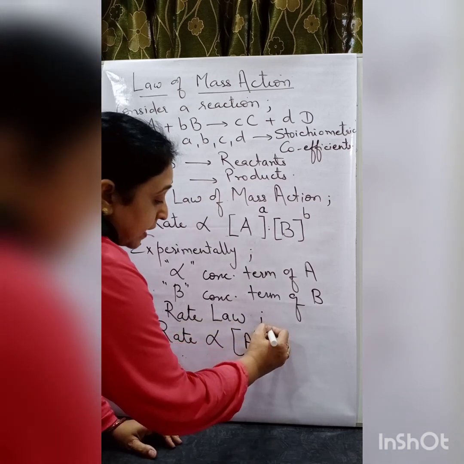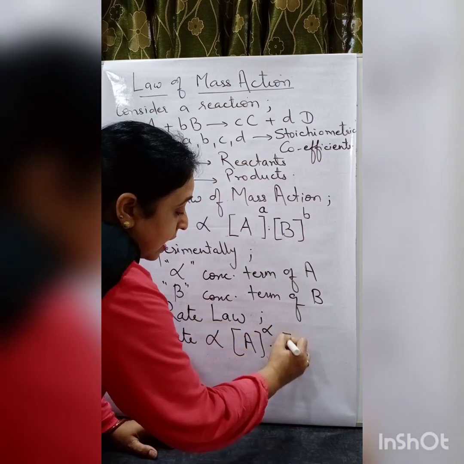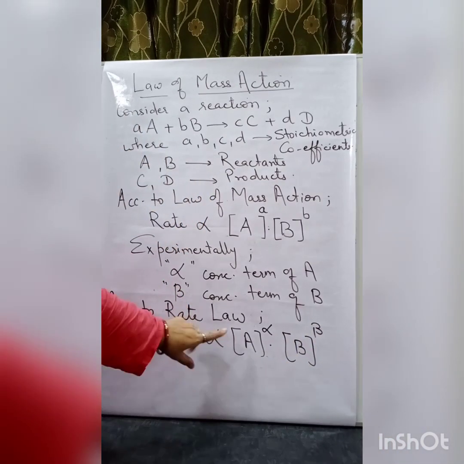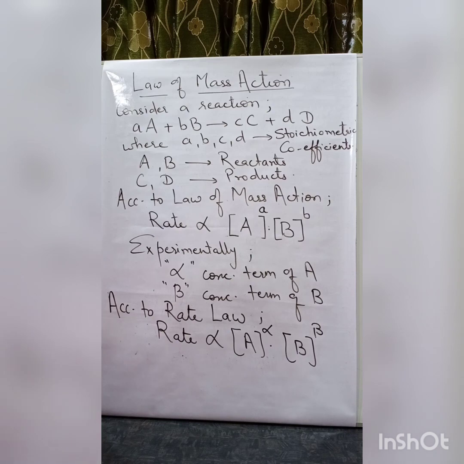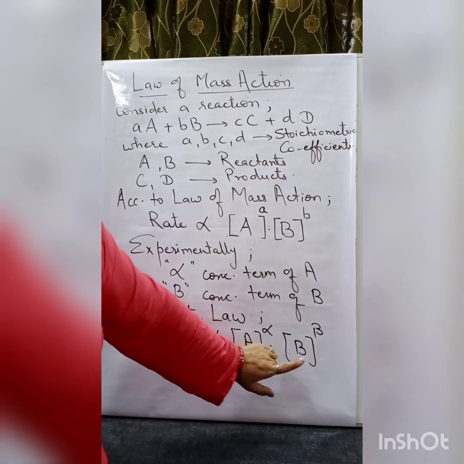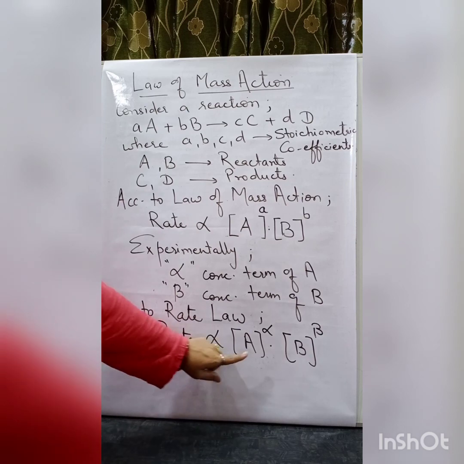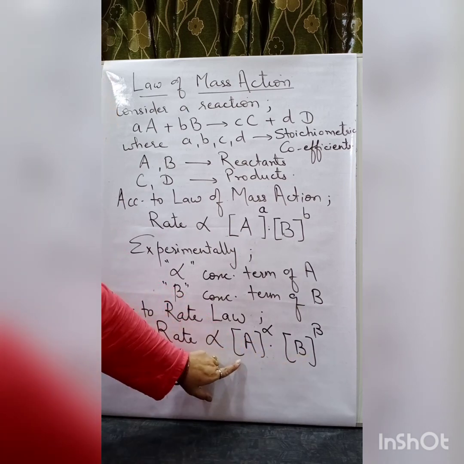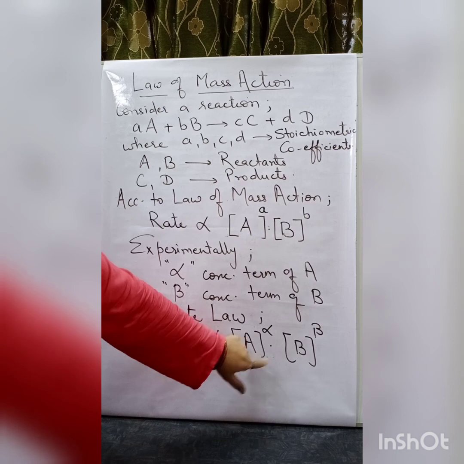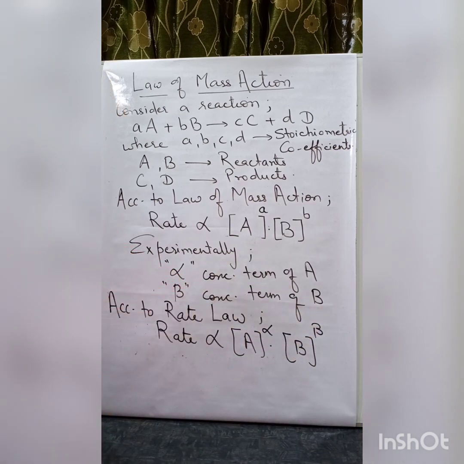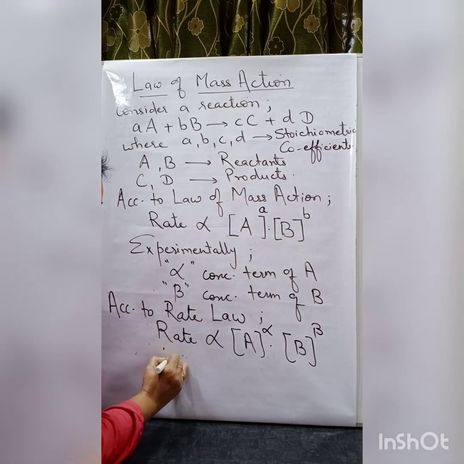That means A raised to alpha and B raised to beta. This is the rate law. This is also called the differential form of rate law. We are expressing it in terms of concentration of reactants raised to the concentration terms alpha and beta, which are determined experimentally.